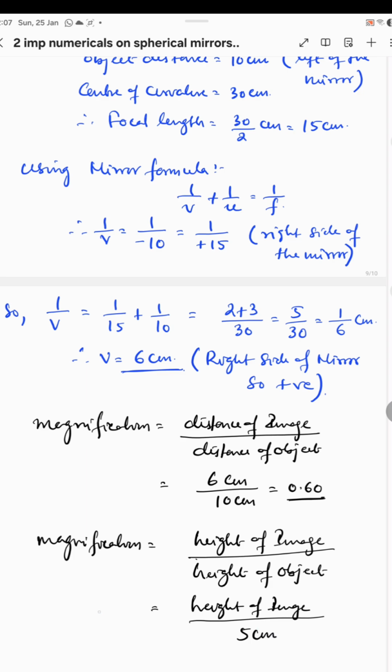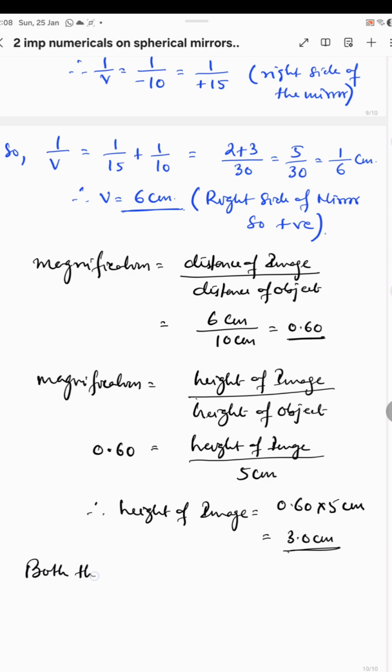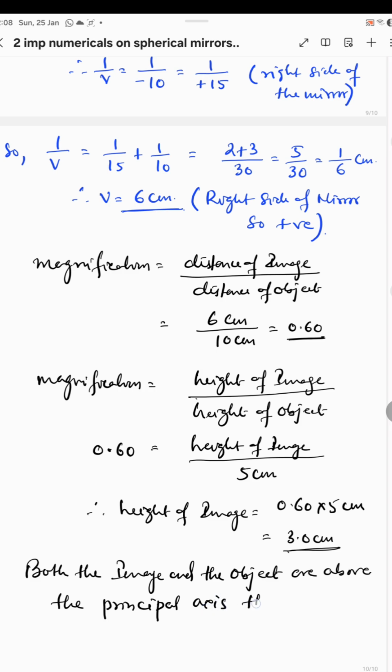So we need to find the height of the image. Putting the values, we get height of the image as 0.60 into 5 centimeter, that is 3 centimeters. So both the image and the object are above the principal axis, and the image is formed on the right side of the mirror, so it is taken as positive. So this is the answer.